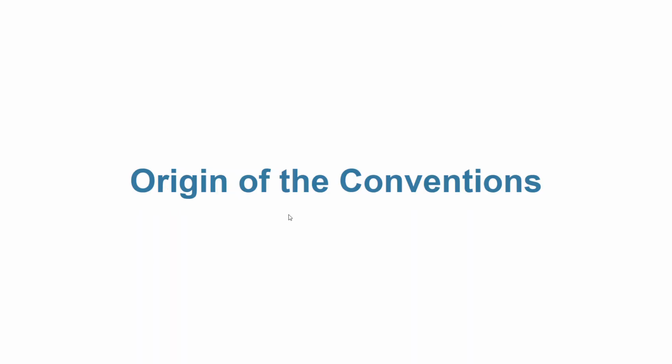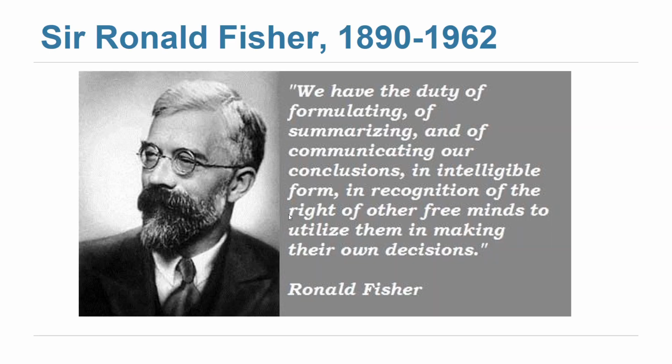Just to give you a quick idea about where these conventions come from, they came from Sir Ronald Fisher, a statistician who has contributed a lot to this kind of hypothesis testing.